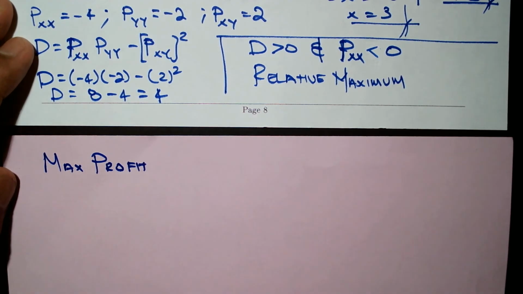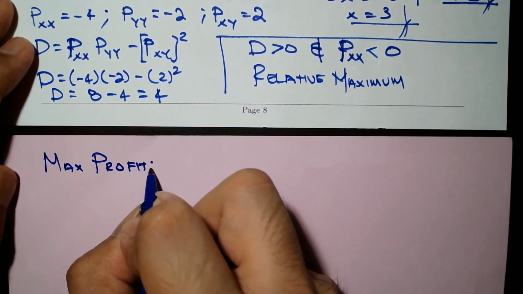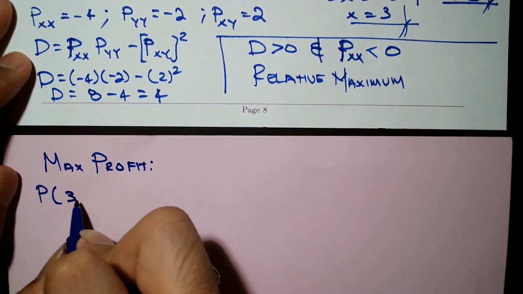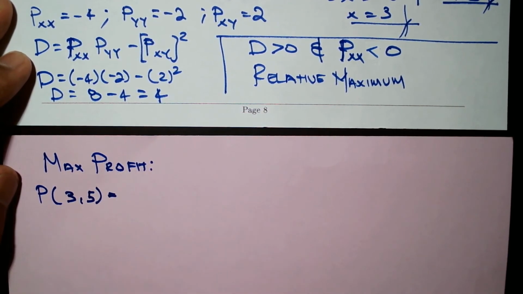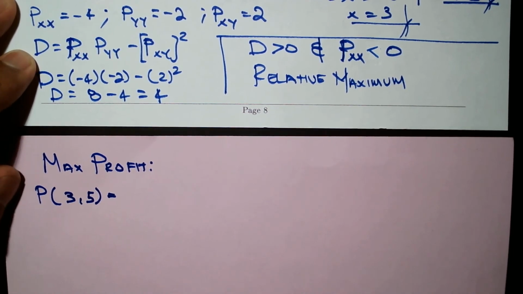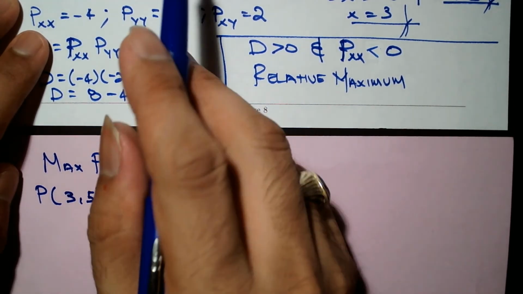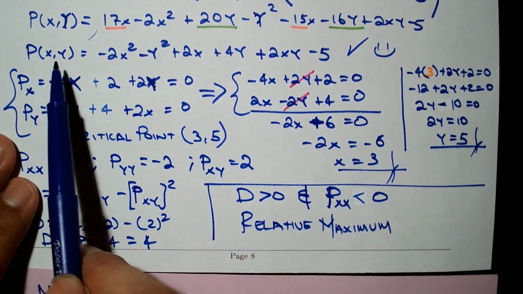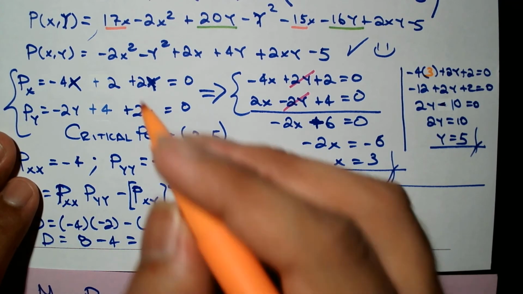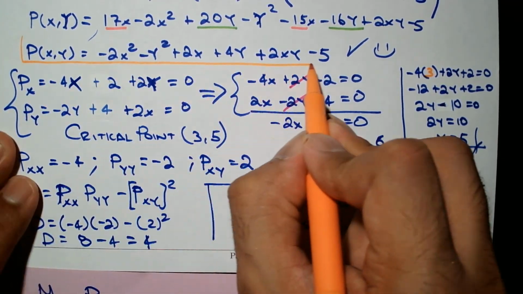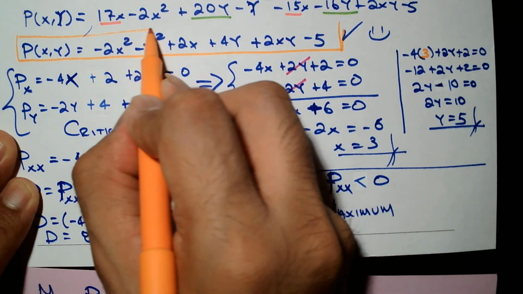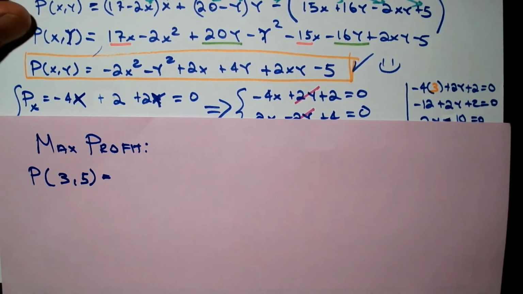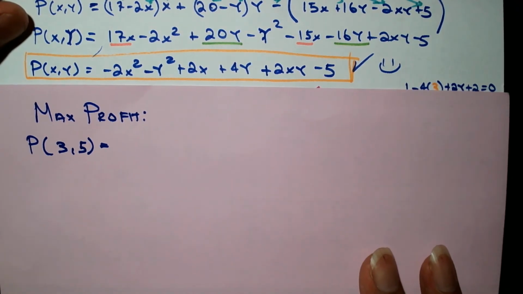Otherwise, if you're using your notebook, just carry on. P of 3 comma 5. I'm going to plug this into the profit function, this function right here. So I'm going to go ahead and plug in the numbers within this function.